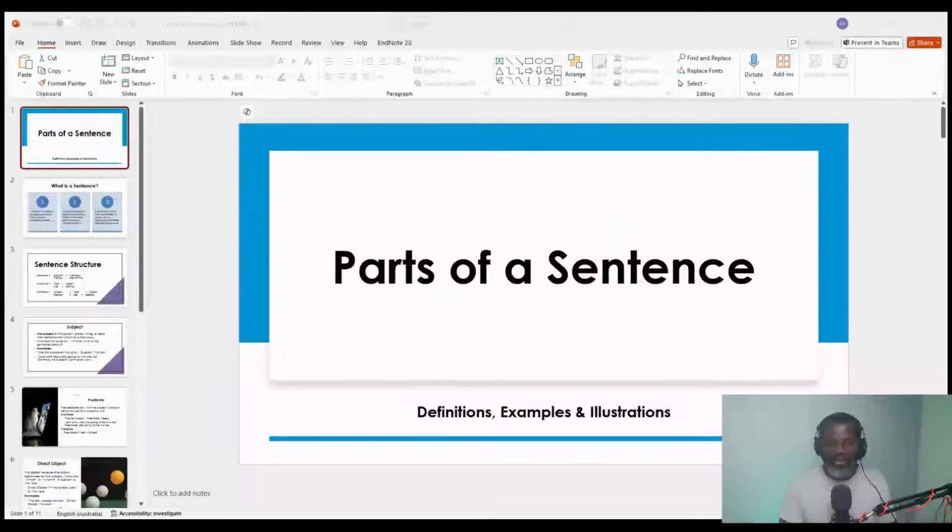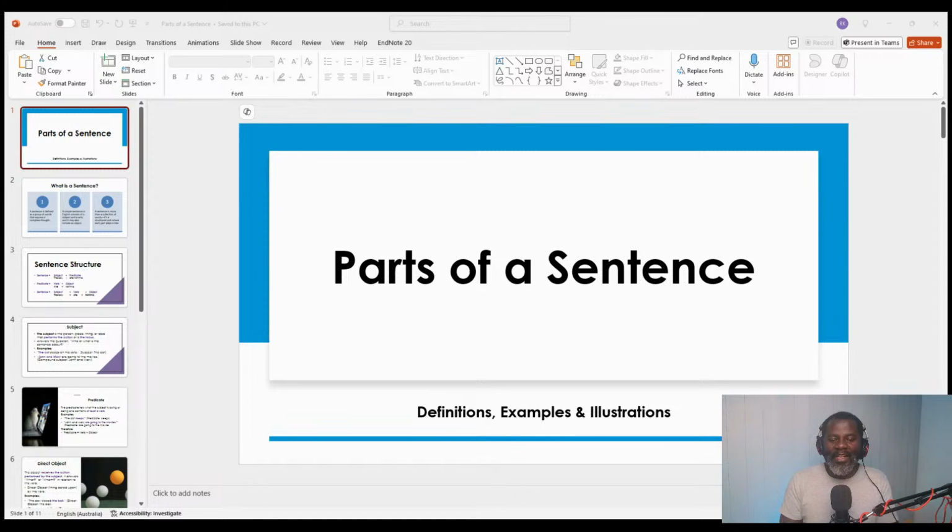A sentence, as we have mentioned, is made up of a subject. Everything that is mentioned after the subject in a sentence is called the predicate.